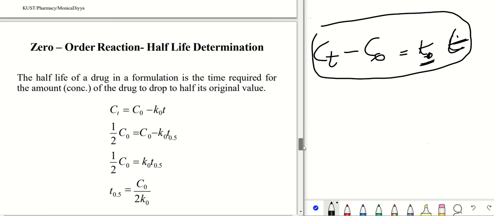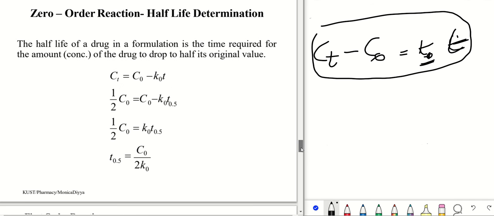So now how can we use the reaction rate law in determining the half-life? First of all, we need to know what half-life denotes. Half-life of a drug, as the name itself indicates, is the time taken for the drug to drop to half of its original value.